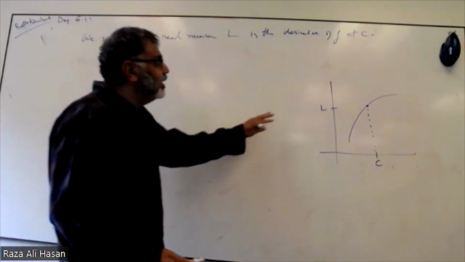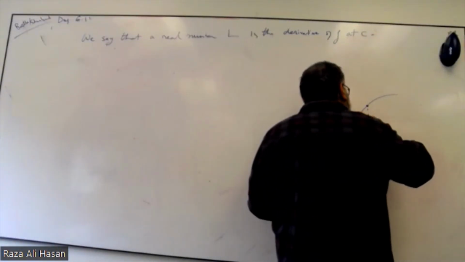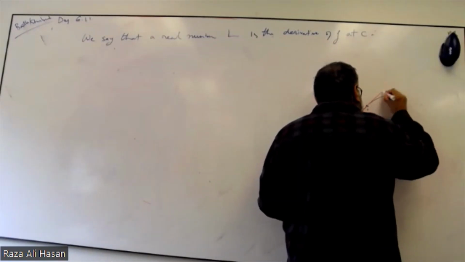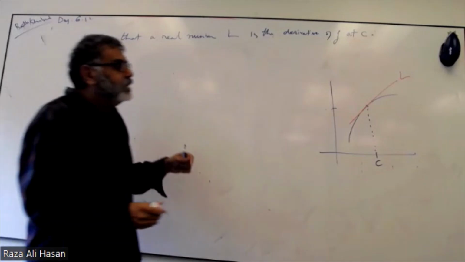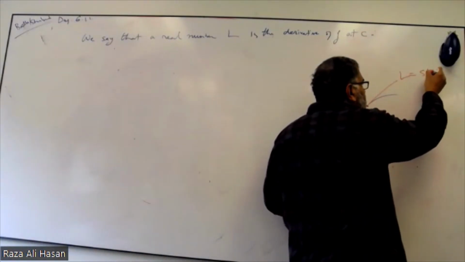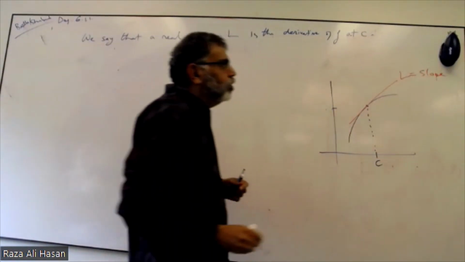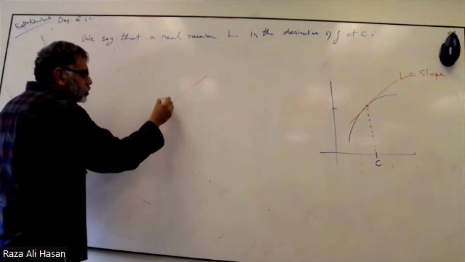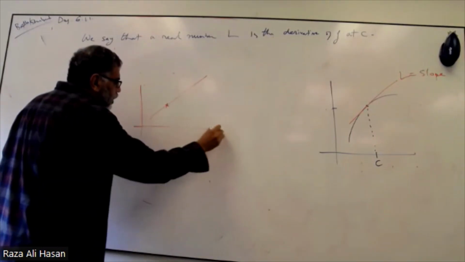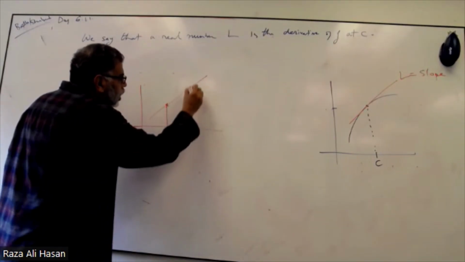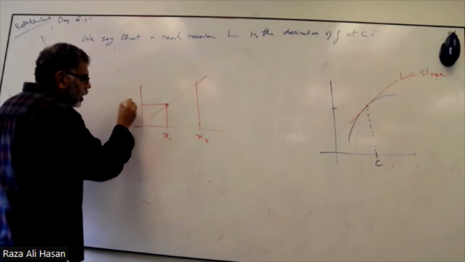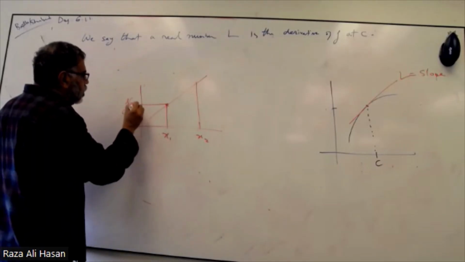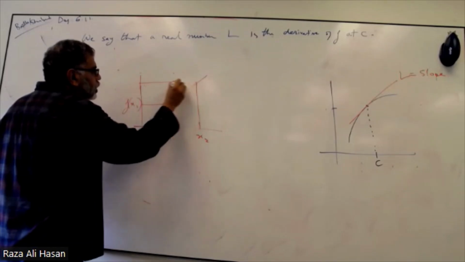Where our L now is this tangent line. As in L is the slope of this line. What's the slope of a line? Let's do this. X1, X2, f(x1).